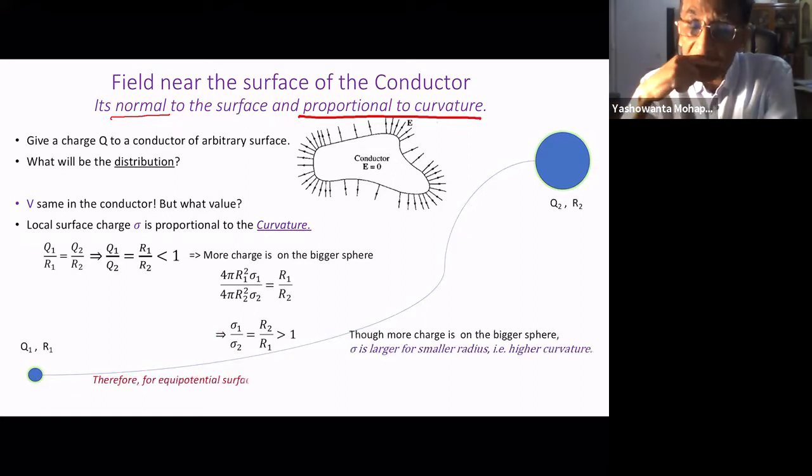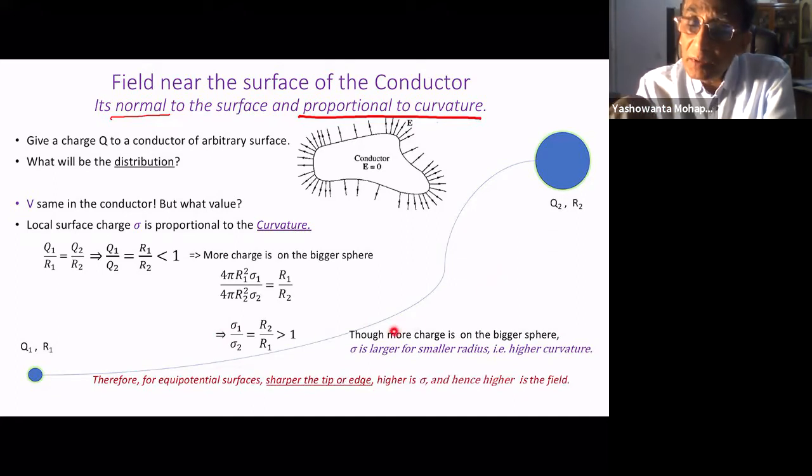Therefore, though more charge is on the bigger sphere, sigma is larger for smaller radius, that is higher curvature. Therefore, for equipotential surfaces, the sharper the tip or edge, the higher is sigma, and hence the higher is the field.